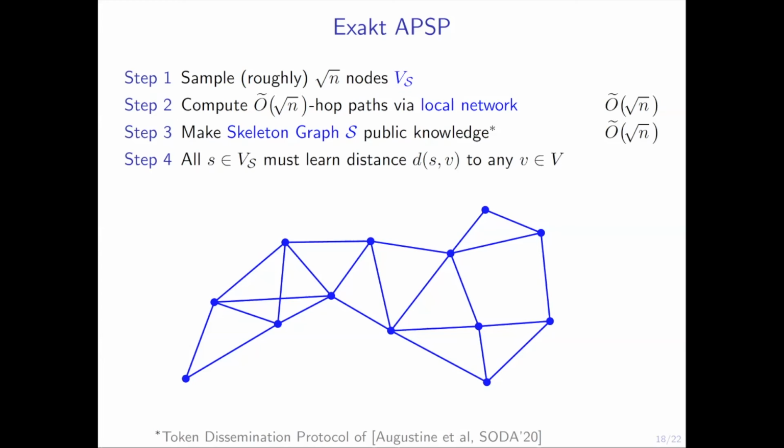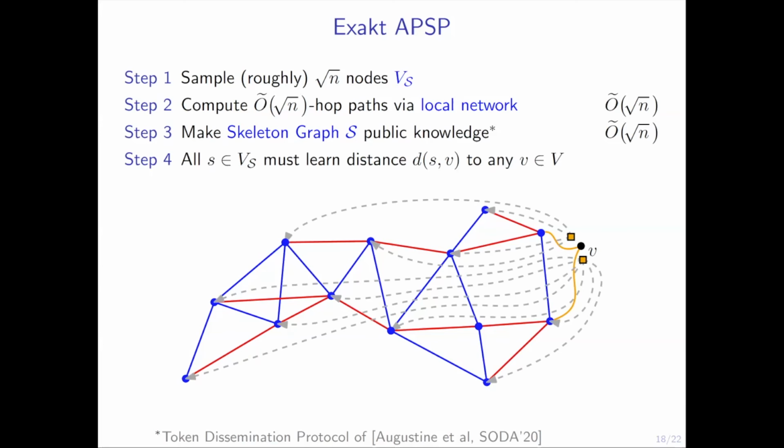So what we do is the following. Consider a given node which is not a skeleton node. This node creates a token containing its distance to all skeleton nodes within square root of n hops. Since this node knows its distance to each skeleton node, it can decide which skeleton node needs to receive which token. So what we end up with is the following token routing problem, where the set of senders are all the nodes, and the set of receivers are the skeleton nodes.